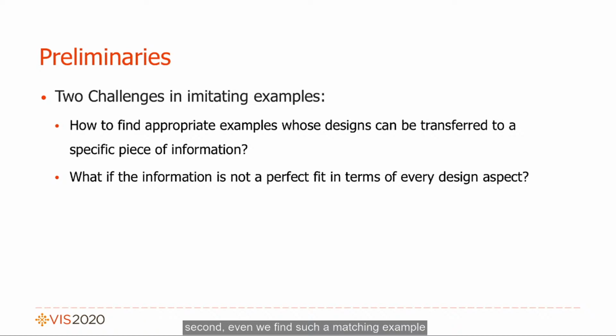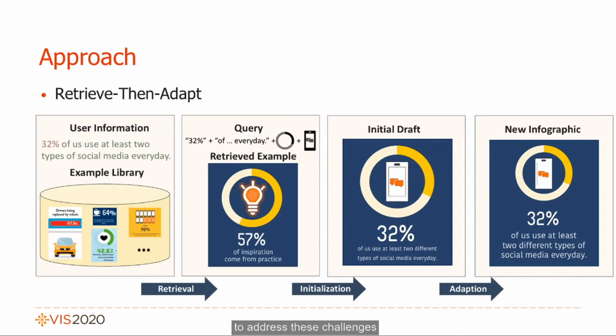Second, even if we find such a matching example, it is unlikely that the information is a perfect fit in terms of every design aspect. For instance, the text length in the user information may be different from that in the example.